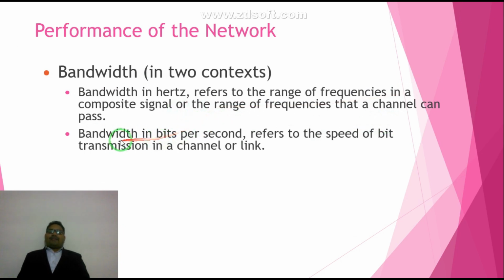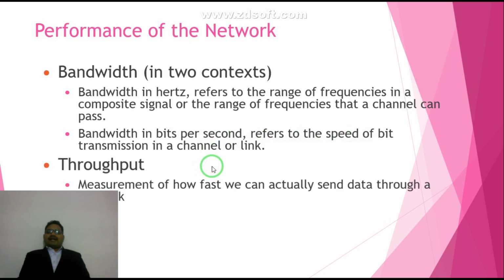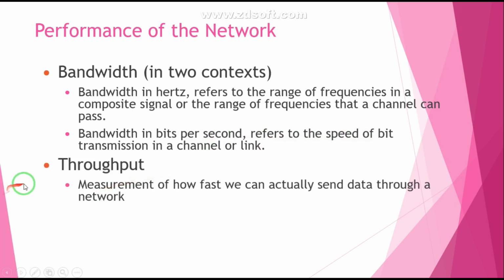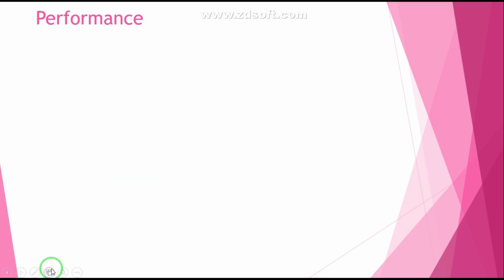Similarly, bandwidth in bits per second refers to the speed of bit transmission in a channel or link. Next, it is your throughput. What is throughput? It is a measurement of how fast we can actually send data through a network, that is your efficiency.